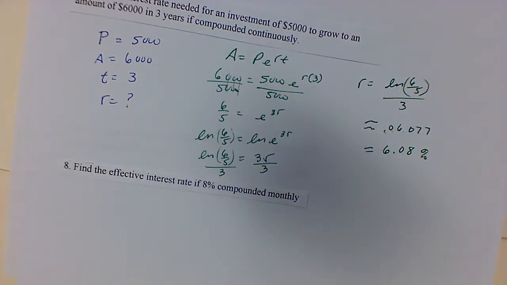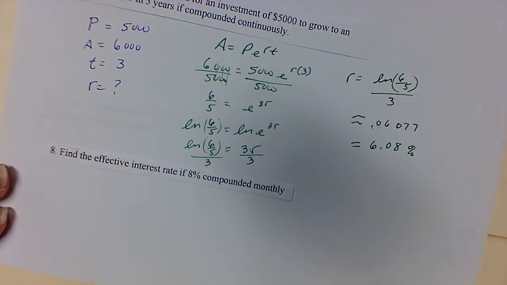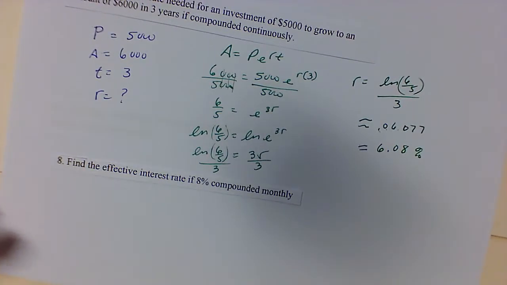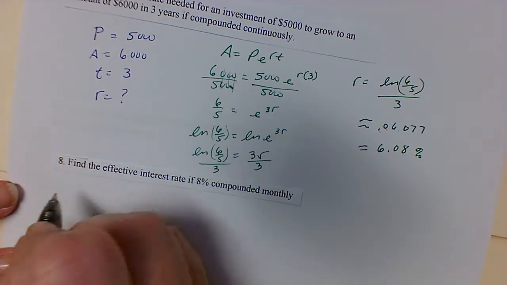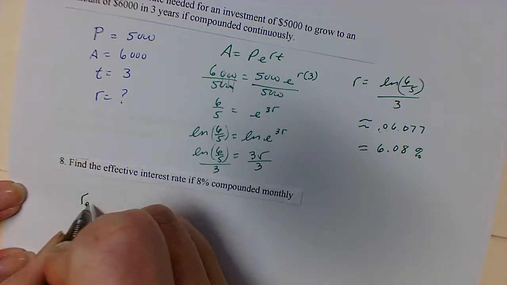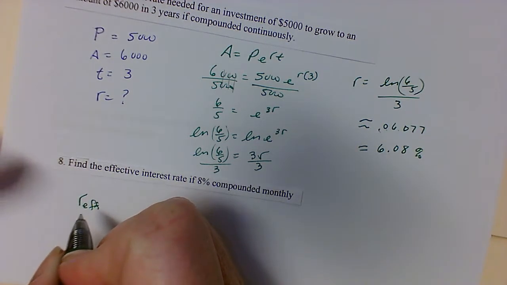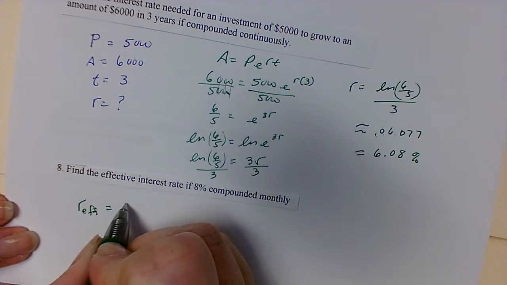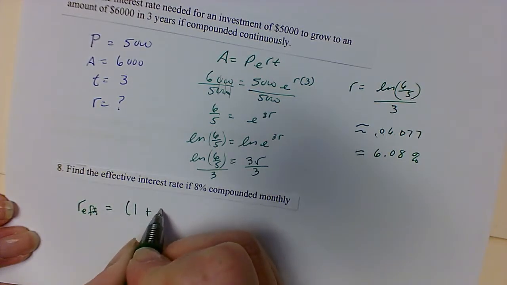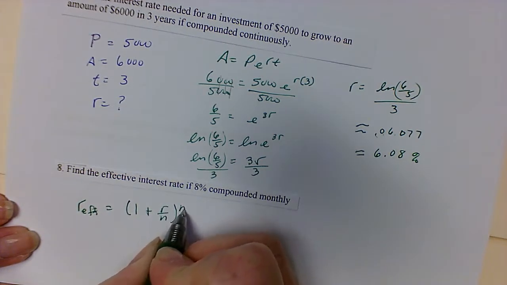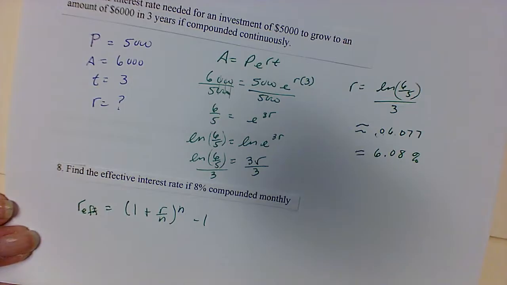So for number 8, we have find the effective interest rate of 8% compounded monthly. So if we're looking at using our formula, we have the r effective is equal to 1 plus r over n, raised to the n, minus 1.